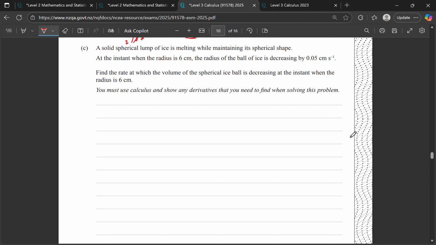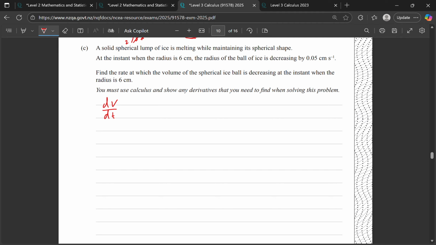All right. When you solve this kind of rate of change question, you always set the rate of change, so the derivative. What we are searching for is actually dV/dt, isn't it?